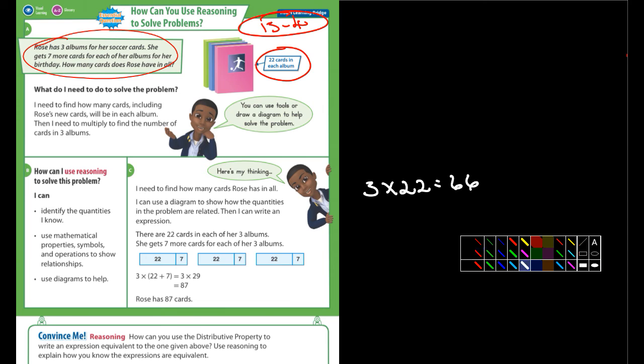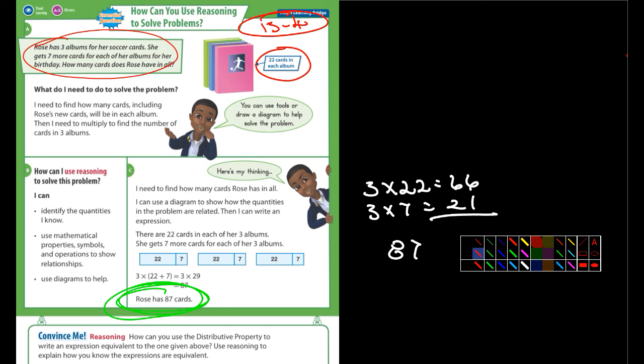So what's that? 3 times 7, right? What's that equal? 21. So add the 2 together, and what do you get? You get 87. 87 cards. And of course, if you read down at the bottom here, that's what she's got, 87 cards. So that's the way I would have solved it if we walk through the way they did it.